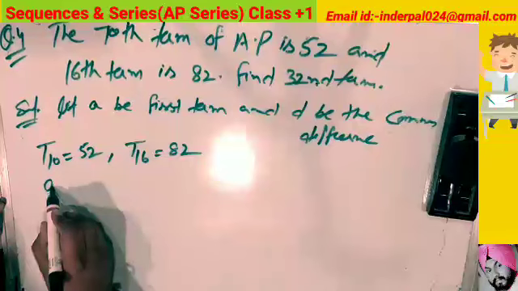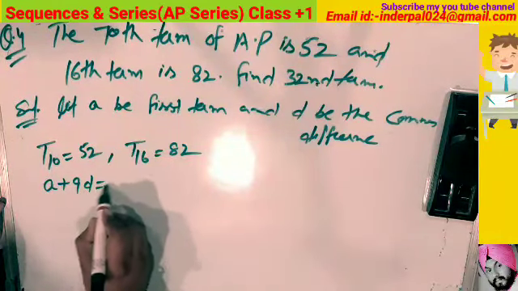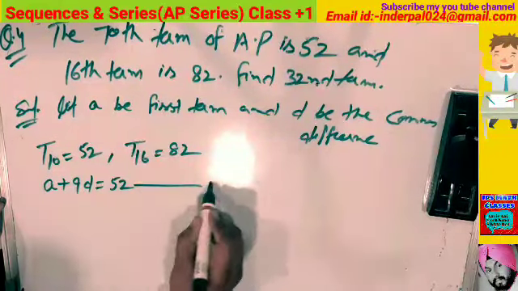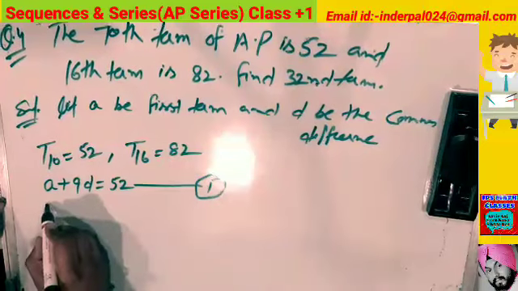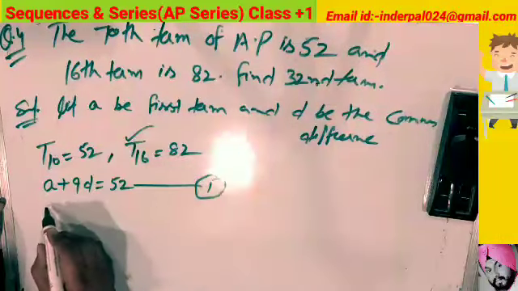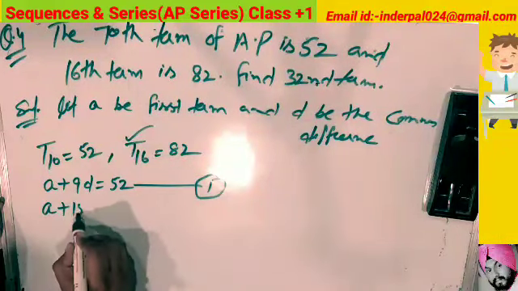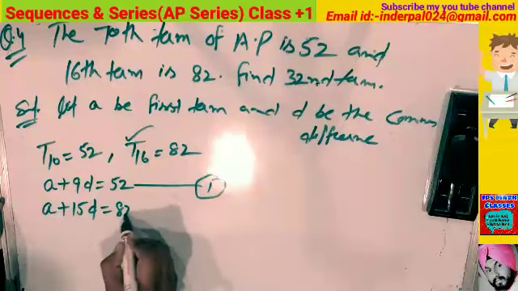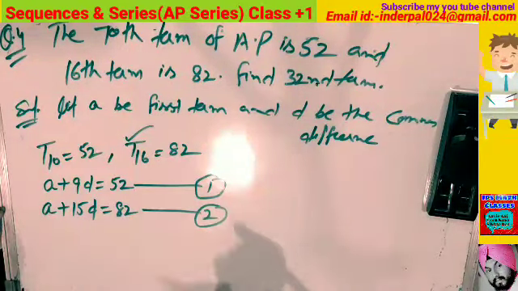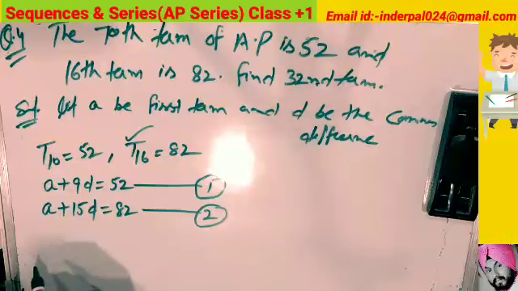Formula of the 10th term is A plus 9D is equal to 52. Let it be equation number first. Formula of the 16th term is A plus 15D is equal to 82. Let it be equation number second.